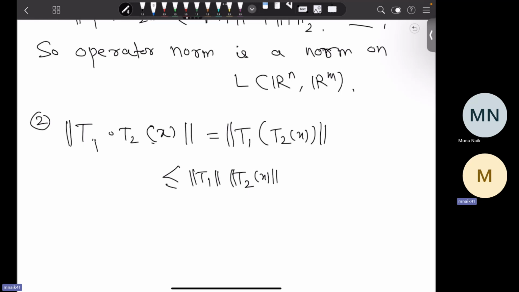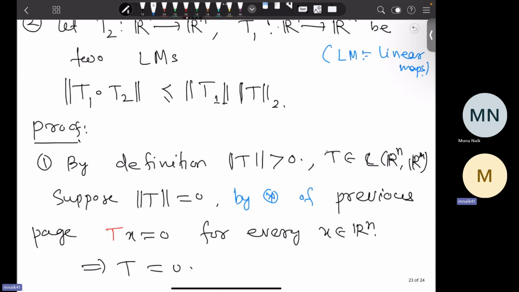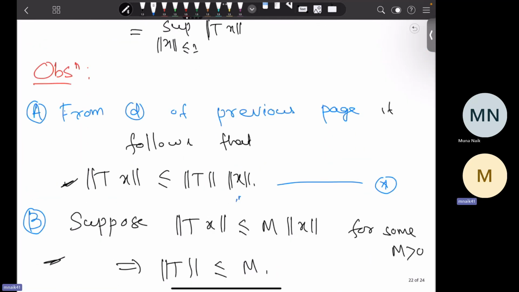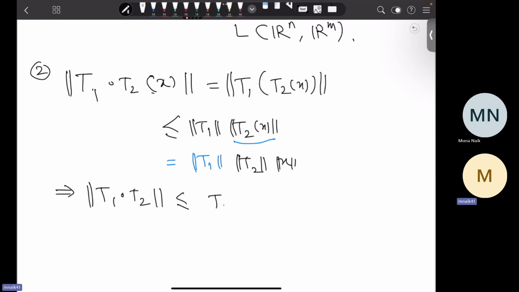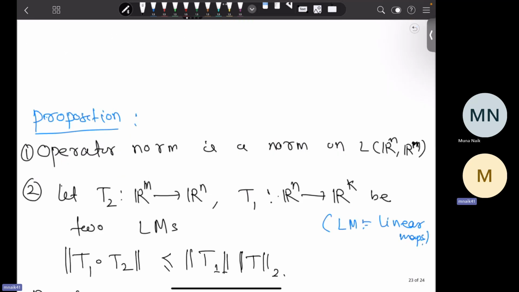I am applying this star: the norm of T1y is less than or equal to the norm of T1 times norm y. So this is the norm of T1 times the norm of T2x, which is less than or equal to the norm of T1 times the norm of T2 times norm x. So this will imply that the operator norm of T1∘T2 is less than or equal to the norm of T1 times the norm of T2. So we have proved this thing.